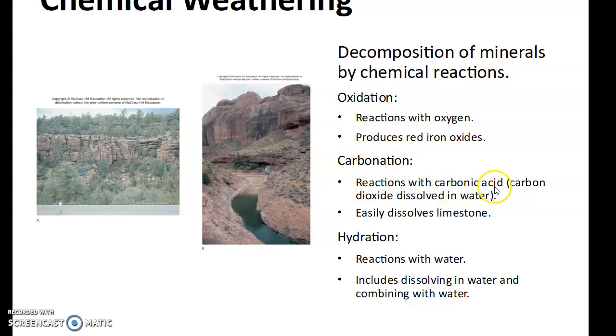Carbon dioxide will dissolve in water, forming carbonic acid, and that will cause reactions as well, and this easily dissolves limestone. Hydration is reactions with water, so things can dissolve in water or combine with water, and so form all sorts of different interesting geological structures.